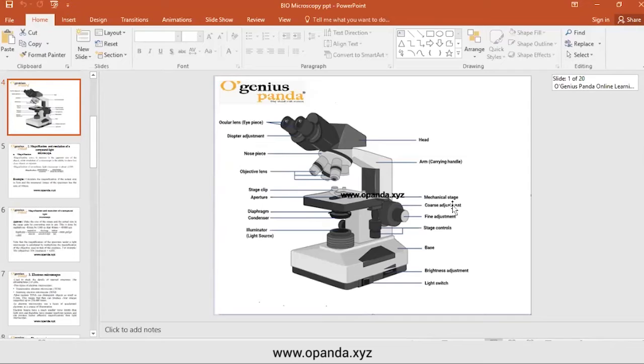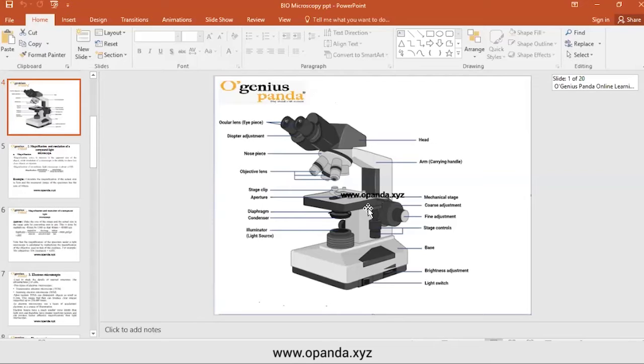There you have the mechanical stage. At the mechanical stage, you place your specimen on a glass slide. Suppose you are going to study the cells in our blood: you put a sample drop of blood on the slide, put the cover slip, then place it on the mechanical stage. Then you can adjust.